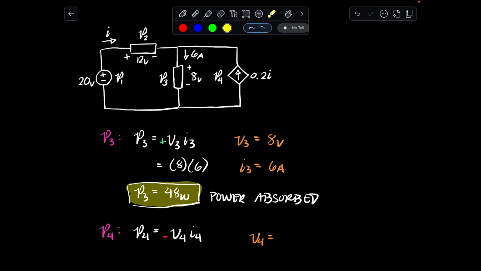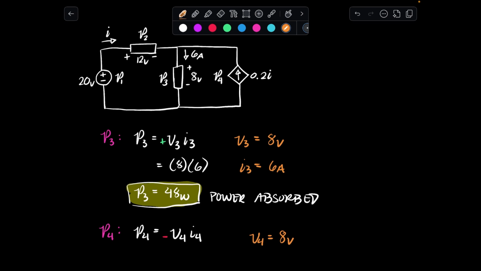Now, if two elements are in parallel, which is what these two elements are because they're connected to the same two nodes here, it means that they have the same voltage drop across them. And we're going to talk more about series and parallel elements in Unit 2, but for now we're going to take for granted that the voltage here is going to be equivalent to 8 volts. So V sub 4 is equal to 8 volts.